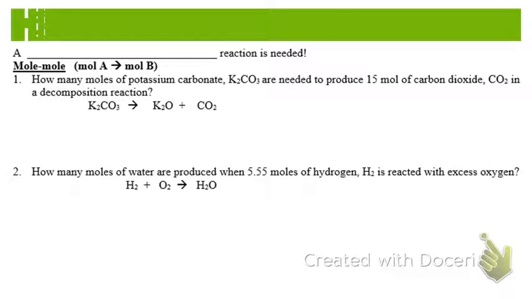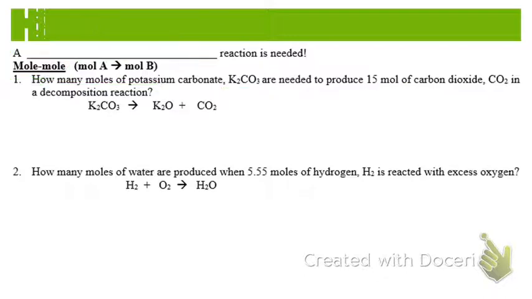And let's go ahead and fill this in. We've already said it once, maybe twice, maybe a few times, but a balanced chemical equation is needed in order to do these. So anytime you see a reaction, balance it. But when we think about these problems that we're starting with, the fact that they're from moles, I'm being given moles, and you can see here my given is 15 moles of carbon dioxide, and I want to know how many moles of potassium carbonate are needed to react with that.